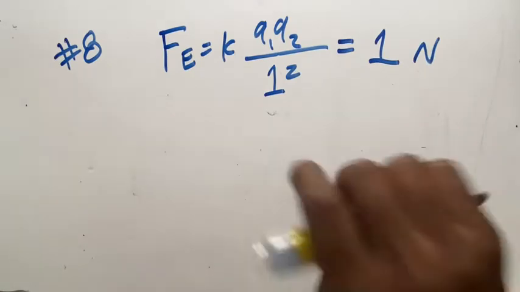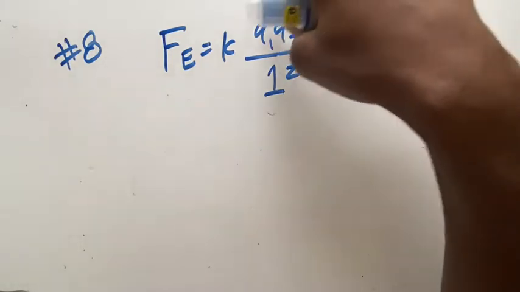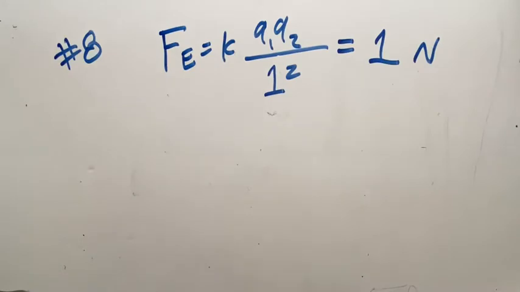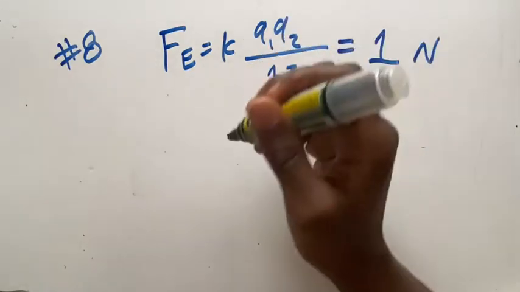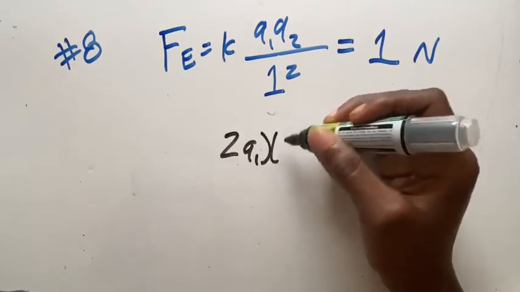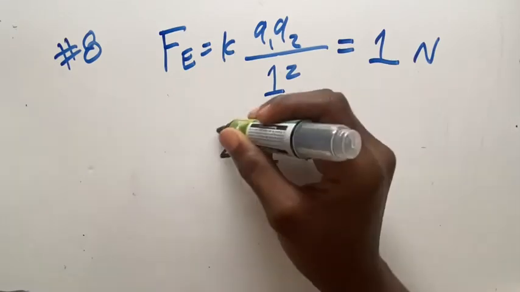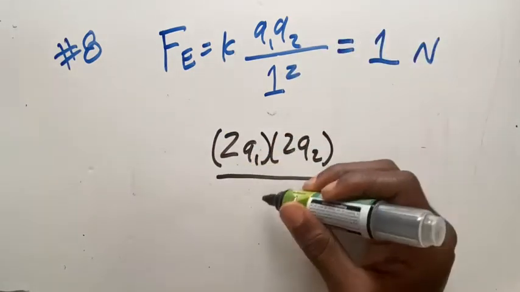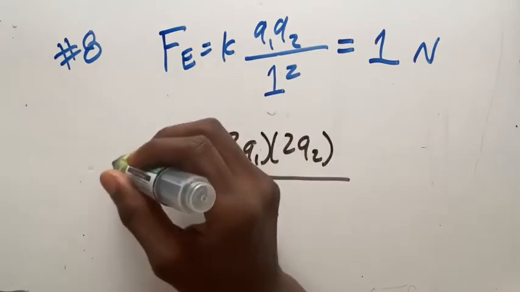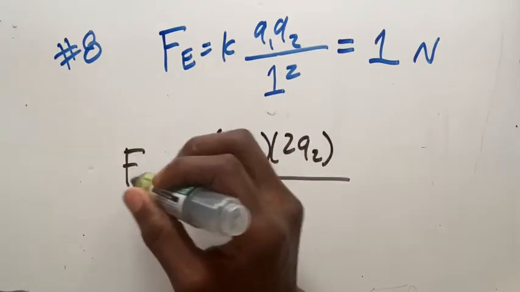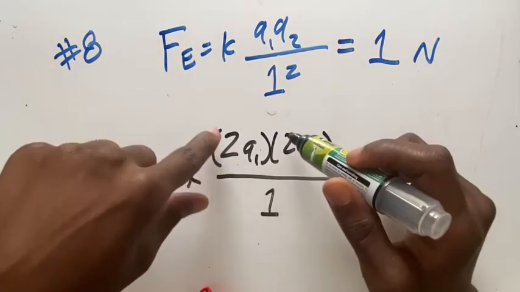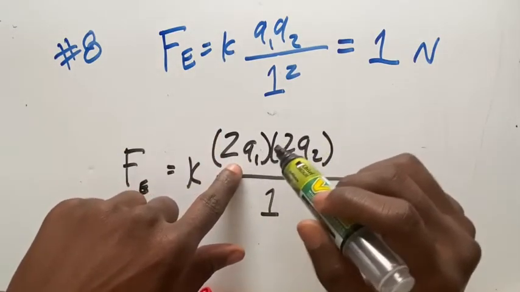Alright, so now they say if the magnitude of each one of these charges are doubled, then what happens to the force? So if I double each of those charges, so now I got 2q1 and 2q2, right? Distance is still the same, so I'll put a 1 there. K is still there. So this is my new force now, after doubling these charges. Well, now it's basically 2 times 2, right?